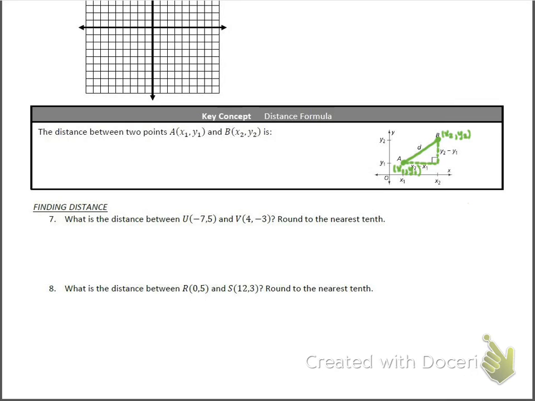So in order to do the Pythagorean theorem, we need to find the length of both legs. So on the x-axis, how do I find the length of the x's, or the distance between them? What do you do to find distance between two things?